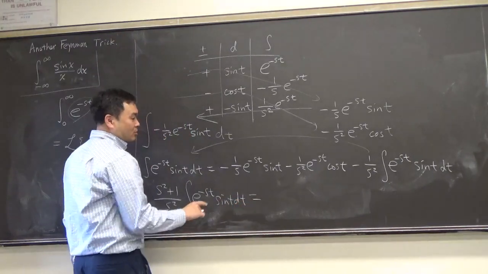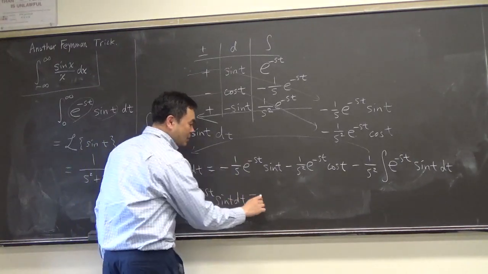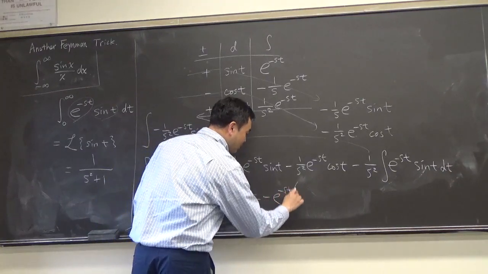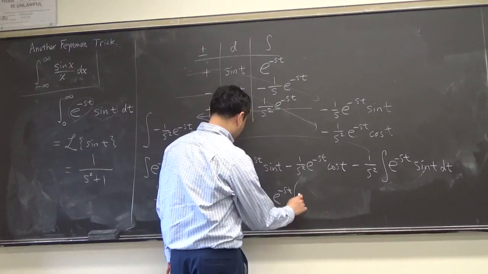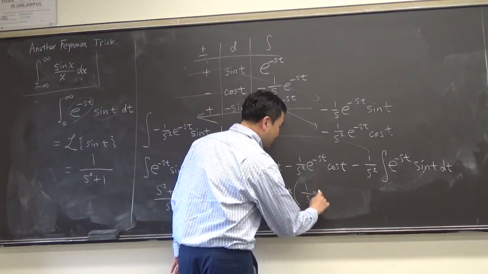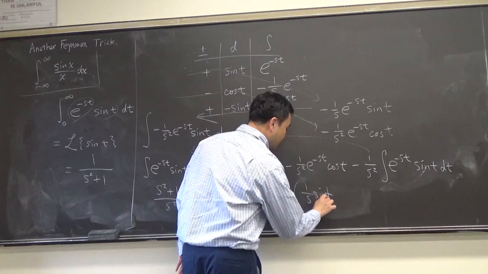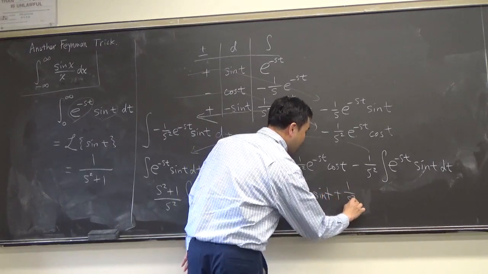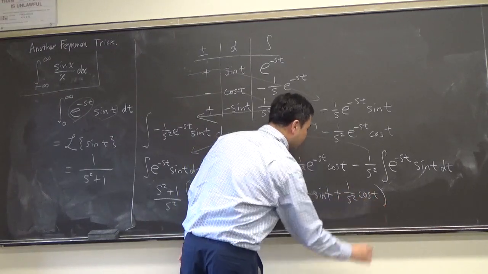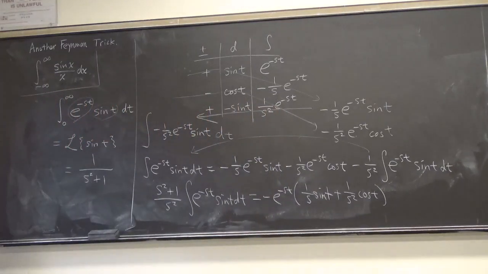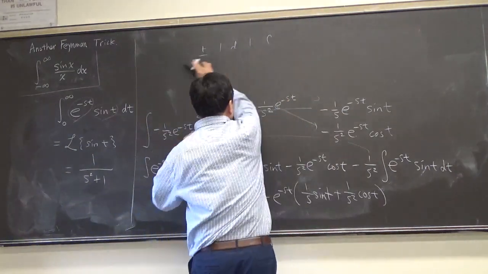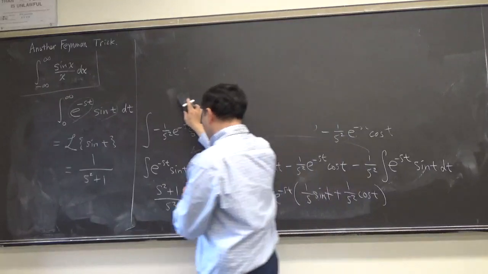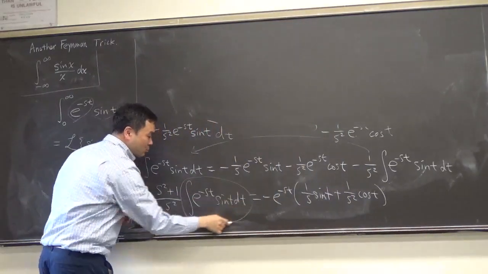is equal to, let's rewrite this with the negative e to the negative st factored out, okay? Factor that out and then get 1 over s sine t plus 1 over s squared cosine t. Okay? All right. So we are almost there. Now, let's simplify. Let's solve for this unknown. See, we're trying to find this one, right?